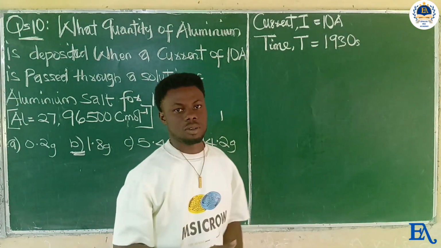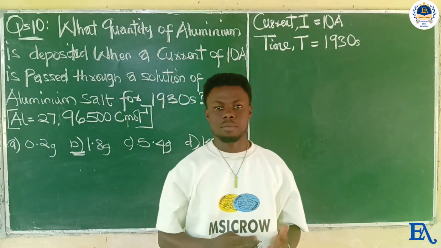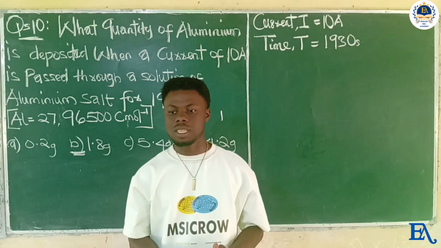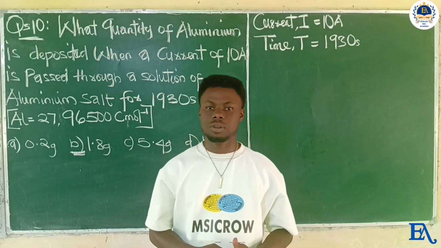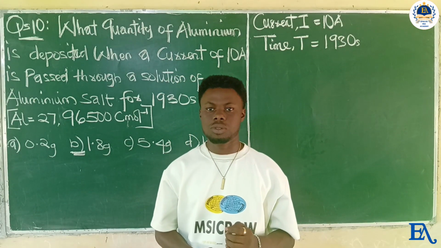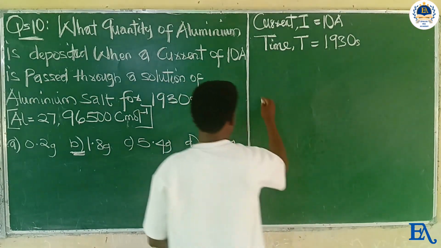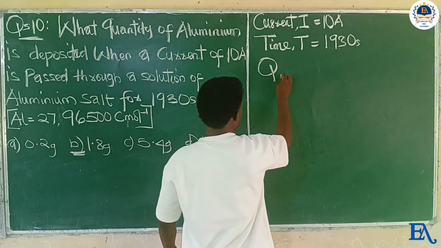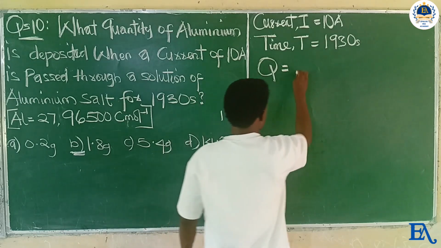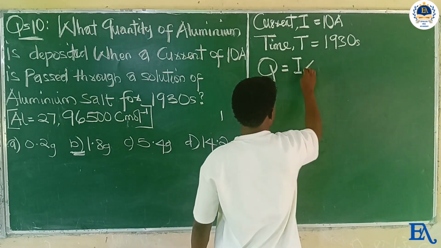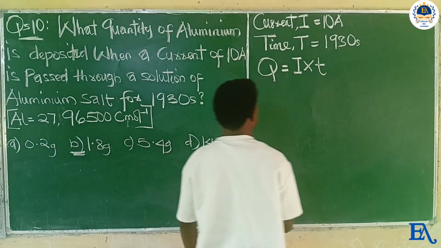According to Faraday's first law of electrolysis, the mass of a substance liberated or deposited at an electrode during an electrolysis is directly proportional to the quantity of electricity that passes through the electrolyte. We have the formula as Q, which represents charge, is equal to current times time.